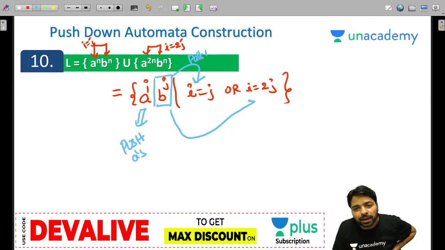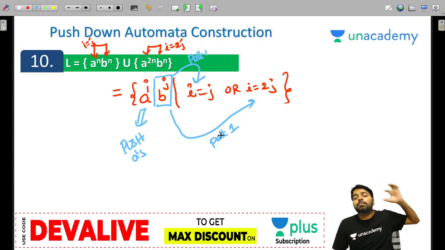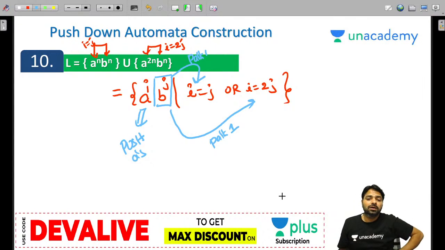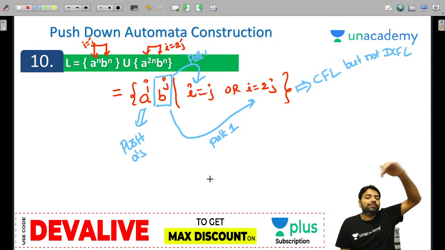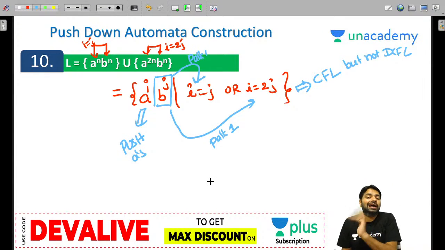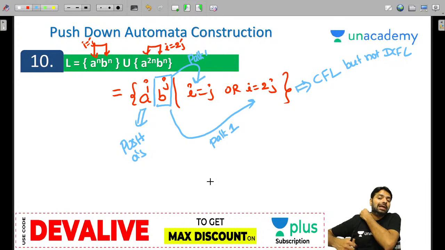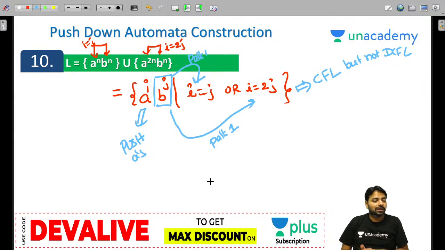This is another path with a different transition. Same input, top of the stack, but you might be doing different logic. Okay, what is it? CFL, no doubt, but not DCFL. Because for the same b, you have to take two paths. One path to verify i is equal to j, the other path to verify i is equal to 2j. That makes non-determinism. Clear this point, guys?